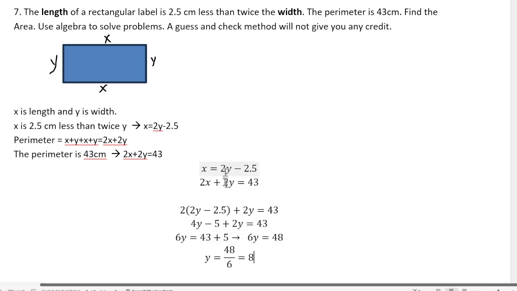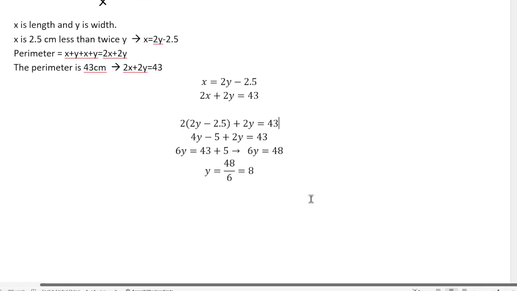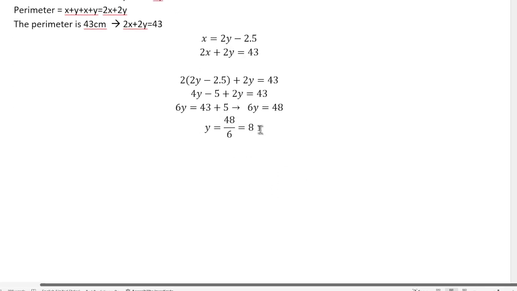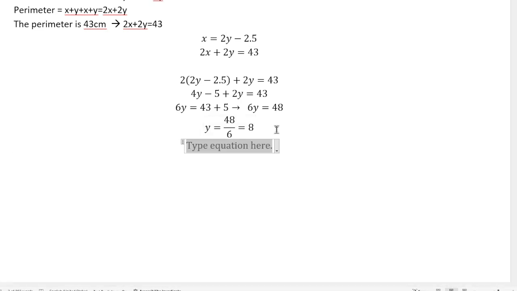Or you can just simply take 8 and plug it in here. Okay, so if I plug in 8 into this, because that's the value of y, we get x equals 2 times 8 minus 2.5, which is equal to 16 minus 2.5, which is equal to 13.5.